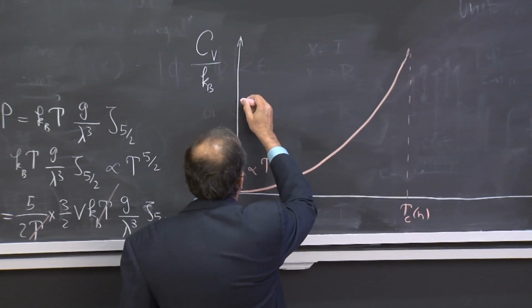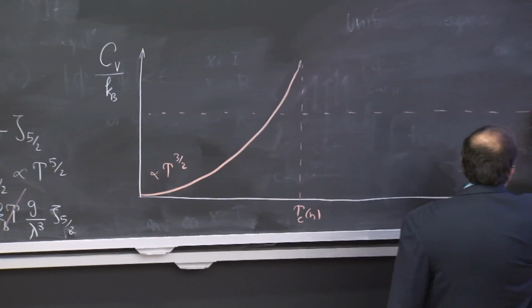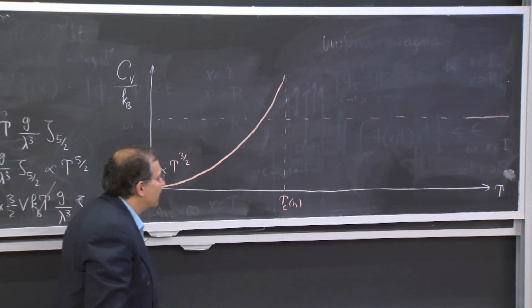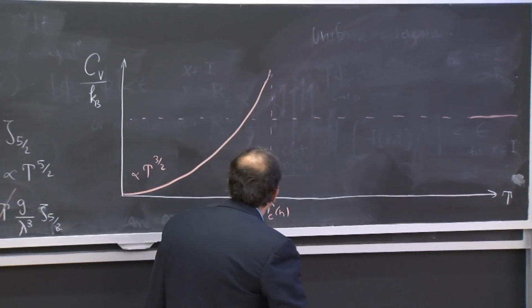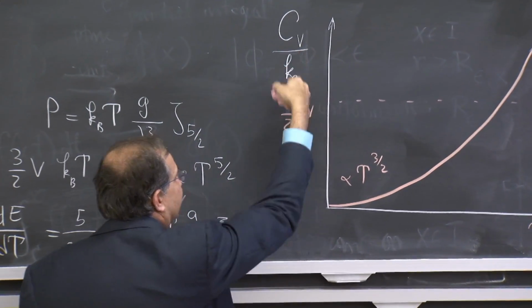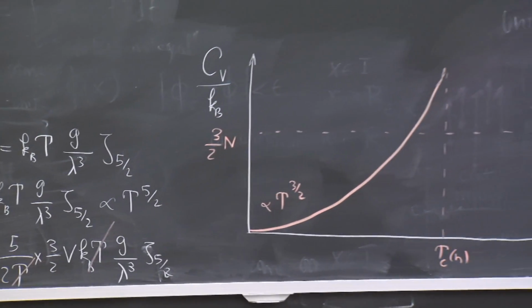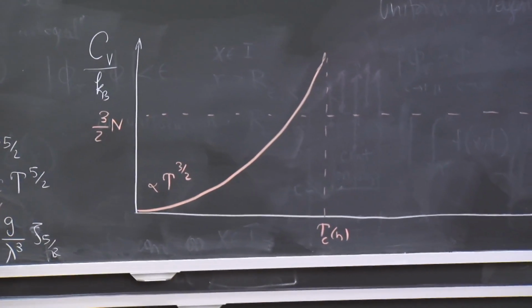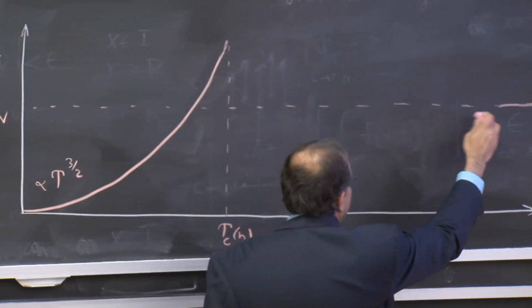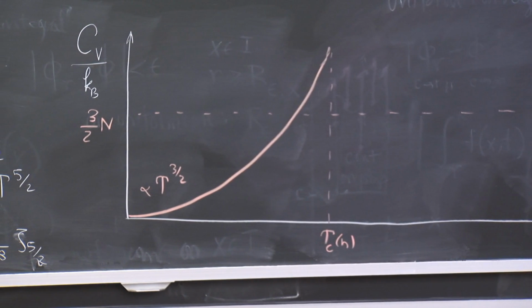So ultimately, I know that if I go to very high temperatures, my heat capacity is going to be 3/2 N if I divide it by kB. Okay? Now there is a reason that I drew this line over here less than the peak here.